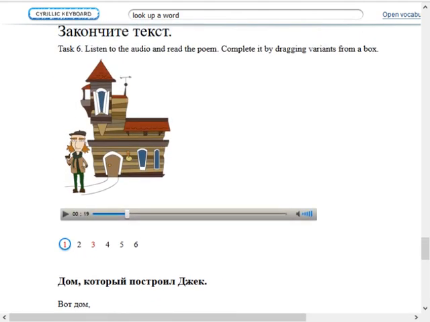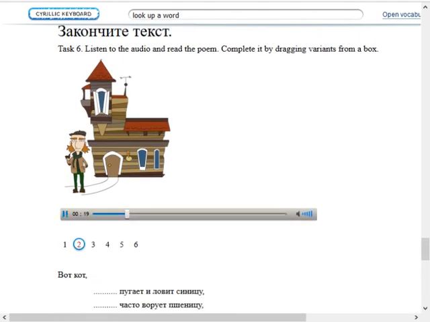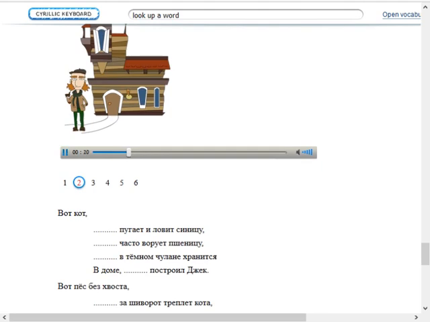Okay, part 2. Вот кот, который пугает и ловит синицу. This is the cat. Hold on, let me go ahead and translate that. I did not prepare this ahead of time because this is getting a little bit ridiculous now.